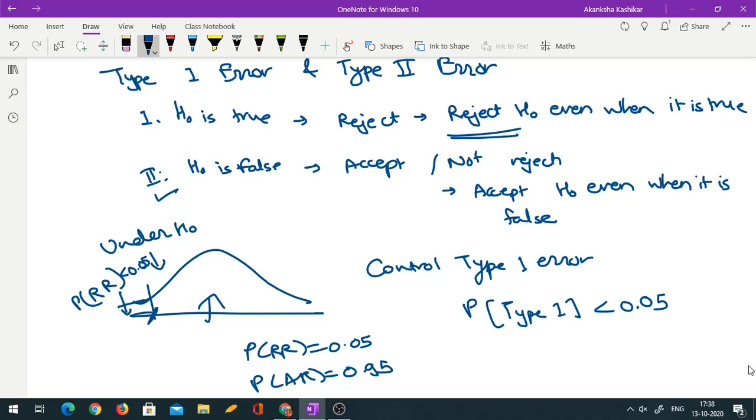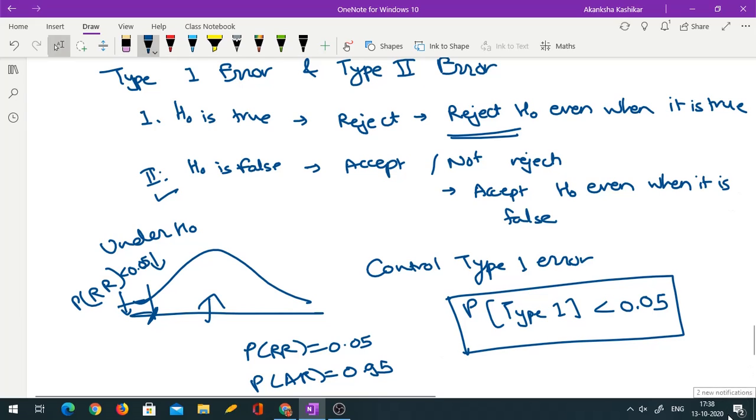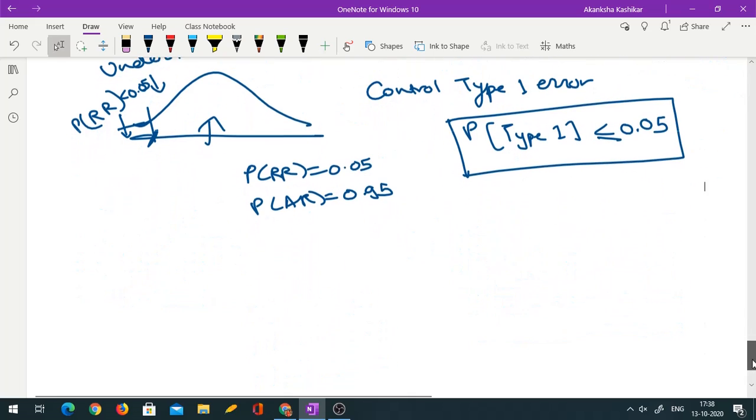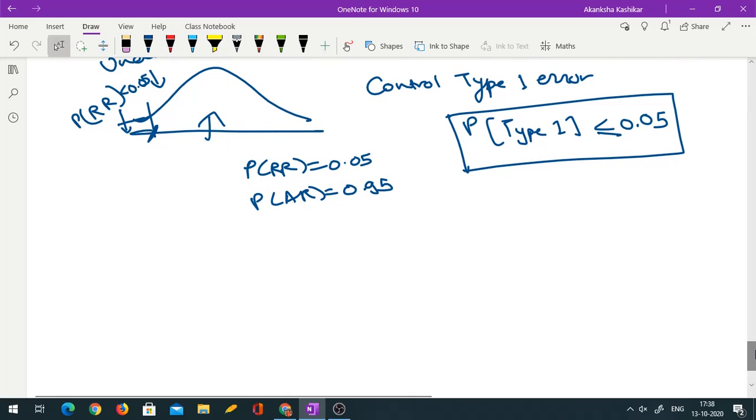That is how we choose the cutoff. Why? Because we want to control the probability of type 1 error to be less than or at most equal to 5%. Okay. So if my rejection region is divided into two parts, the total probability of the rejection region should be 0.05. Okay. So this gives rise to what is known as the tabulated value of the test statistic.